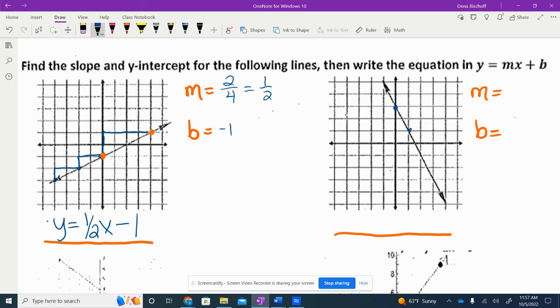Your slope is -2/1. Awesome. Keep going. Where does it cross the y-axis, Antoine? Count again. Okay. So that means b equals 3. Pretty good, right?